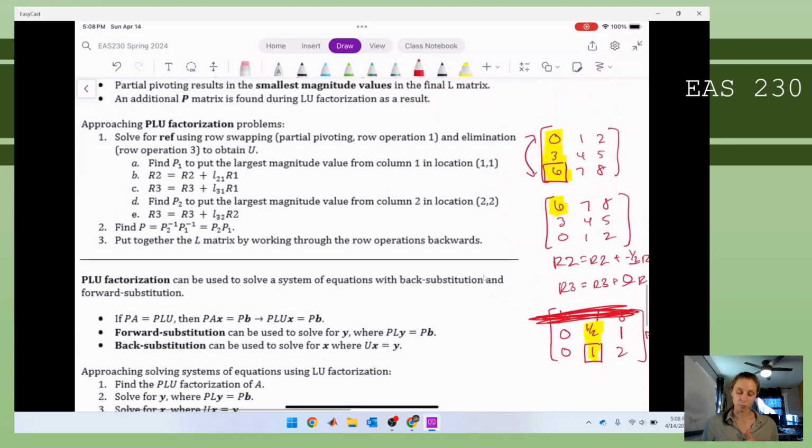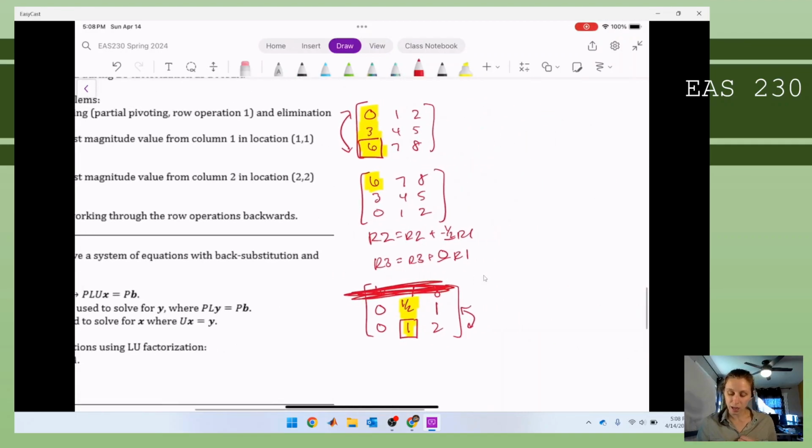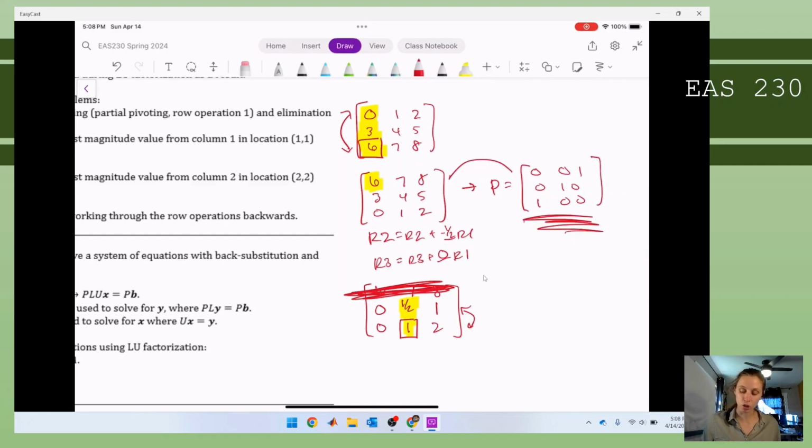So at this step, when I do my row swapping, I end up with a permutation matrix that's going to do that row swapping. So my permutation matrix that does this would be the same as I did here, swapping rows 1 and 3. So this is the permutation matrix that would do this operation.